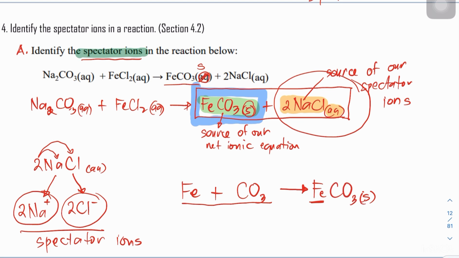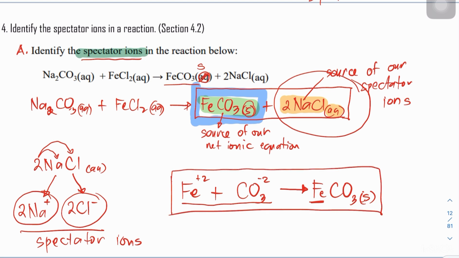Now, this is considered to be your net ionic equation, but you missed something. This should be expressed in charges. Fe should be positive 2, and CO3 will be negative 2. That makes our complete net ionic equation.